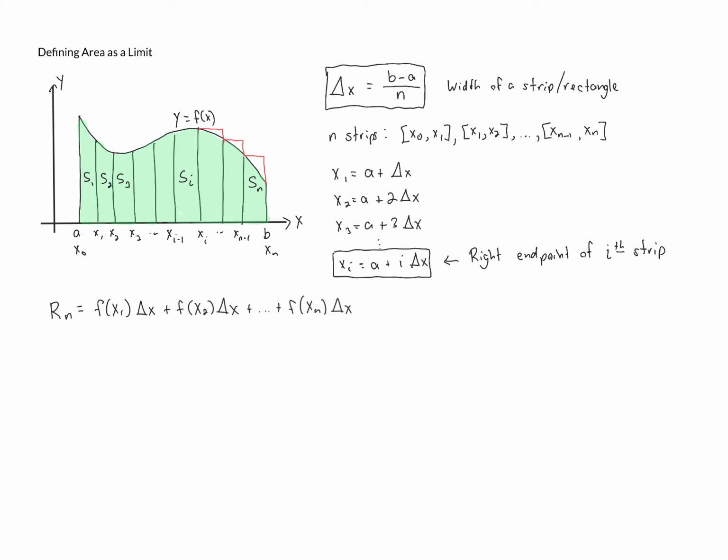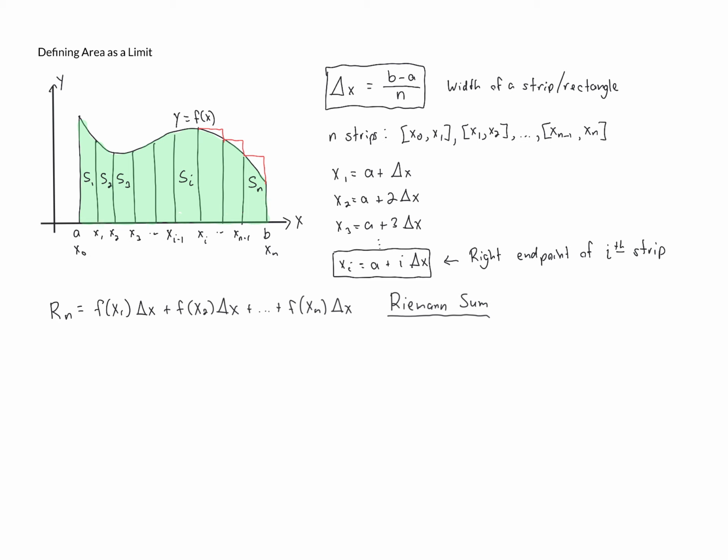And this is called a Riemann sum. We haven't actually given a name for this yet, but I think now is a good time. A Riemann sum is basically a way of approximating the area under a curve by using rectangles.